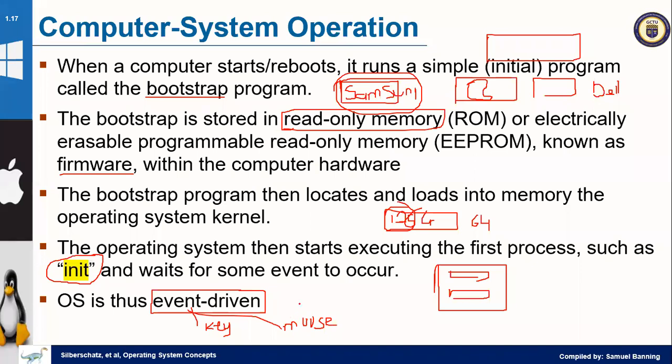If you have done Visual Basic programming, I'm sure you know these events I'm talking about. The mouse click, the double click, the key down, the key up, the key press. All these are events. So your operating system is an event-driven software. Good. Now, let's look at this.